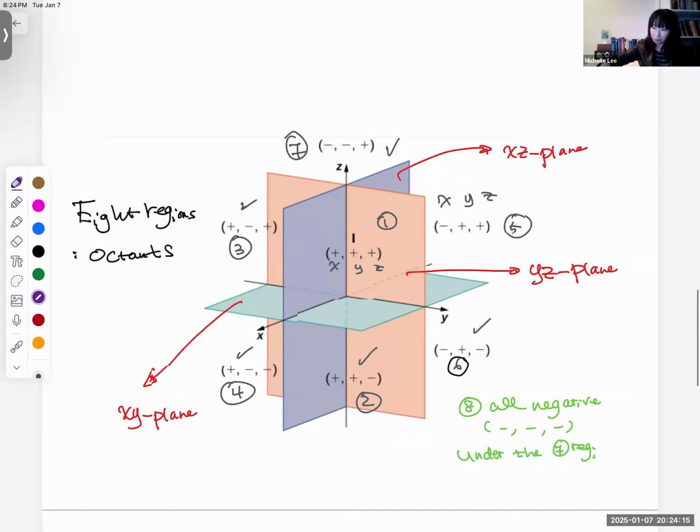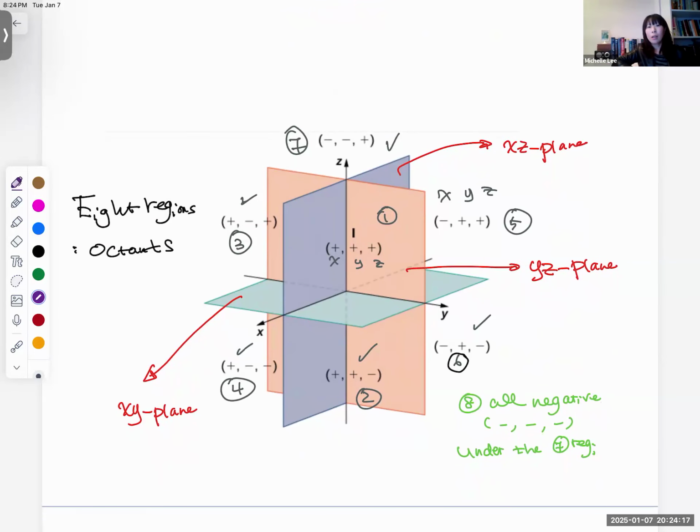Look. So we have 8 regions there, octants. So the first octant here. This blue green is the XY plane. We just did that, right?